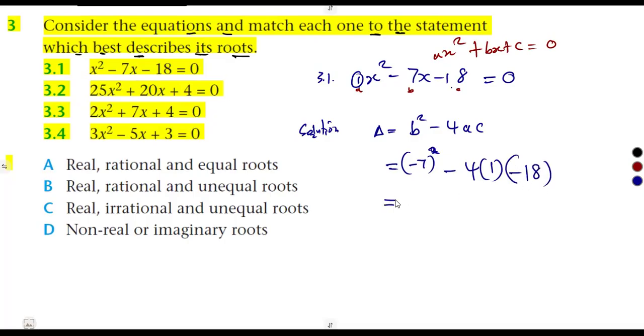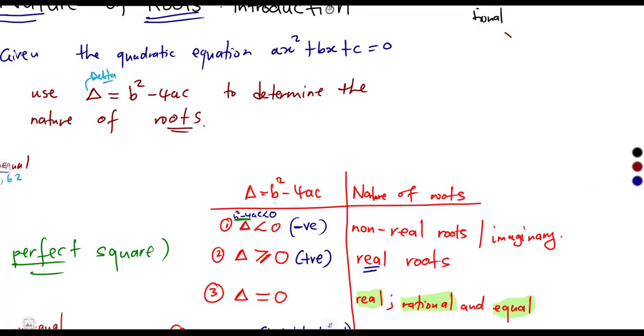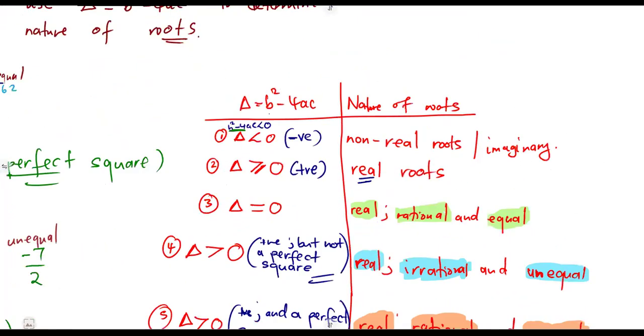Just for the sake of time, I want you to simplify this on your calculator. You are going to obtain 121. Looking into 121, which list can we put this number under? Because this is your delta.